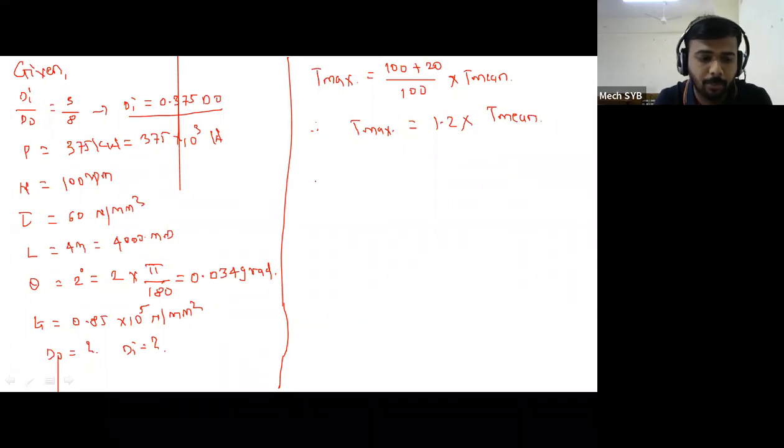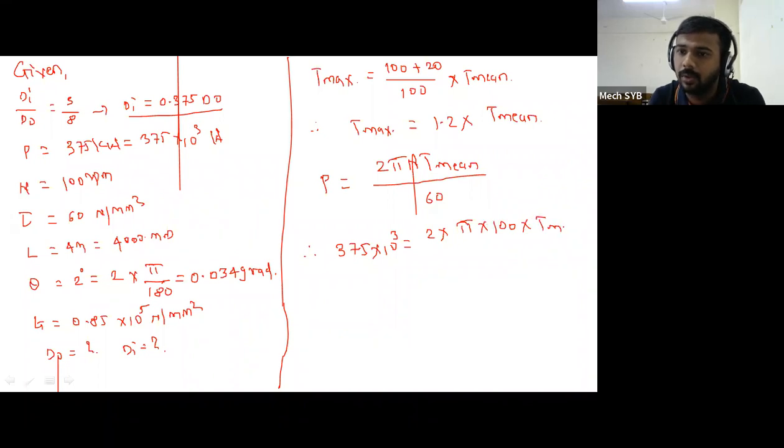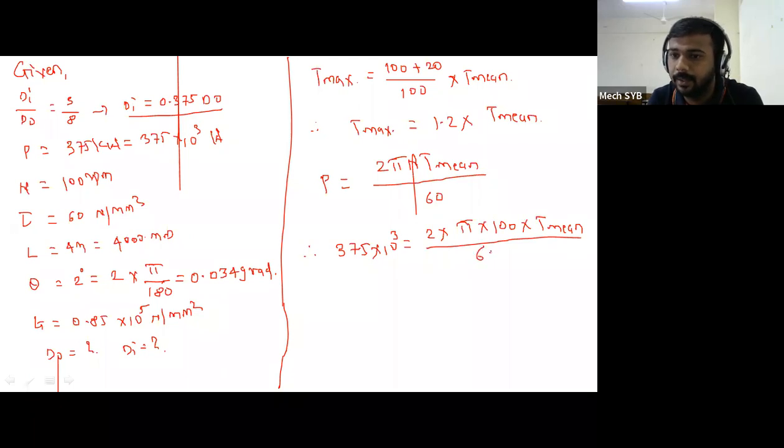Now follow our procedure, that is, first of all we have to use the power formula. P is equal to 2 pi n Tmin divided by 60. So P is equal to 375 into 10 raised to 3 is equal to 2 into pi into 100 into Tmin divided by 60.